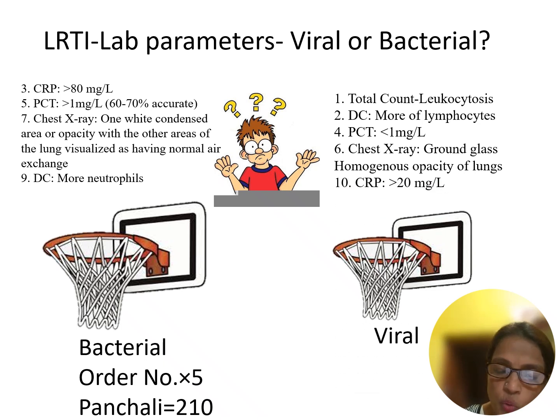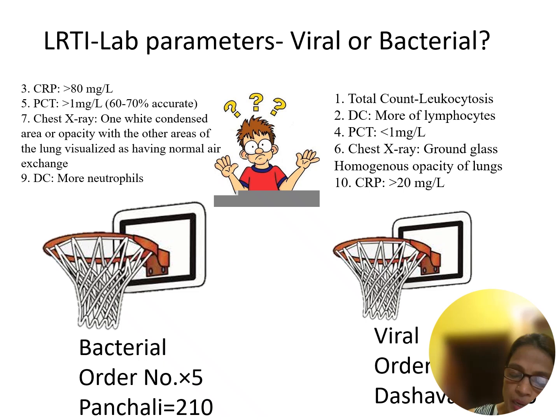Then CRP of more than 20 milligram per liter. So all the order numbers get multiplied by 10 and the total should come to, let us see, 1 plus 2, 3, 3 plus 4, 7, 7 plus 6, 13 and 13 plus 10, 23. So the total should be 230. That gets multiplied by 10.